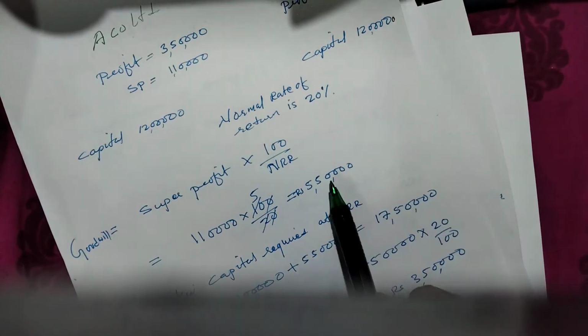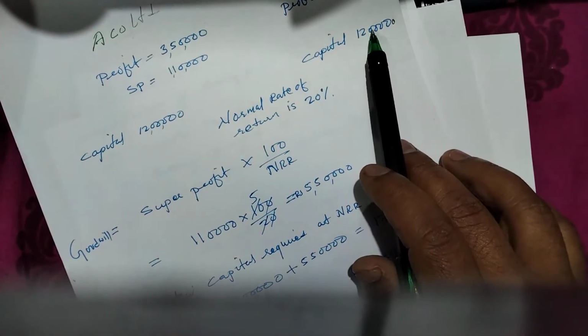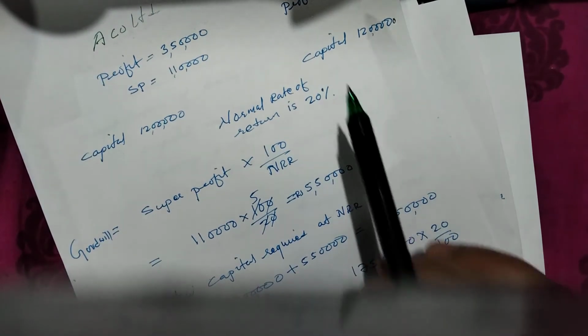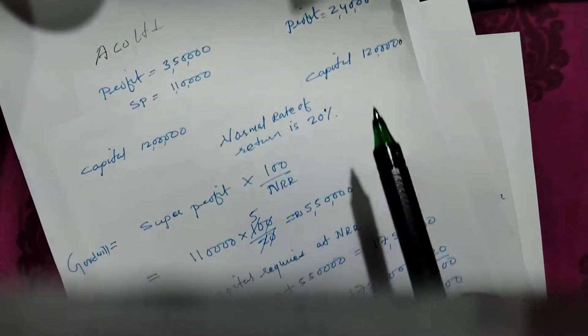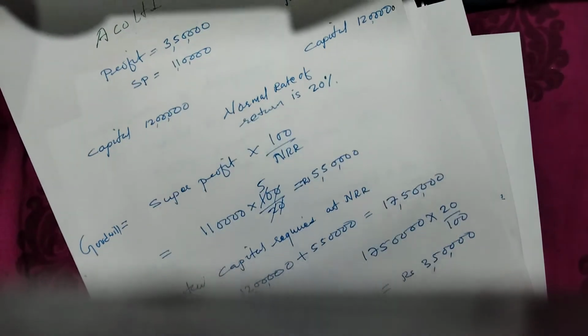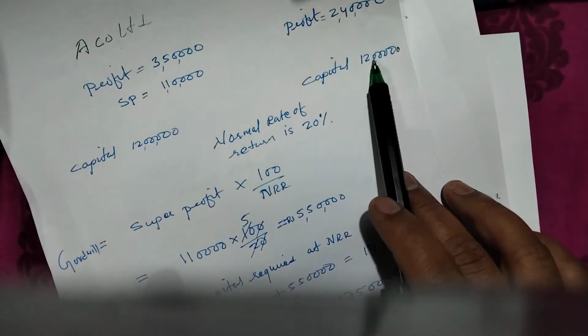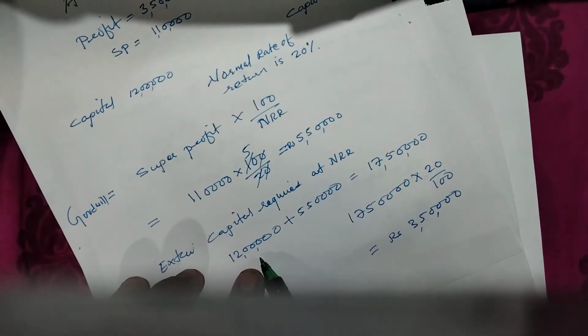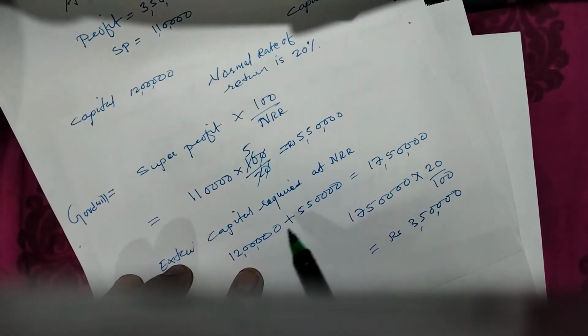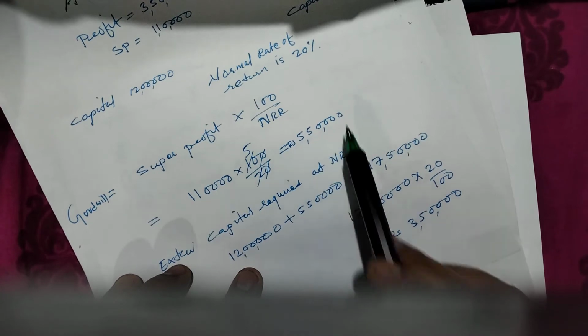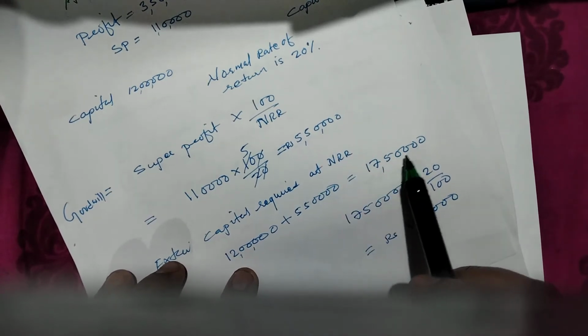If you invest this along with this, then only the profit of this existing business will be 3,50,000. You can see here, this 12 lakh is the capital investment of the new business, plus if you add the goodwill it will be 17,50,000.